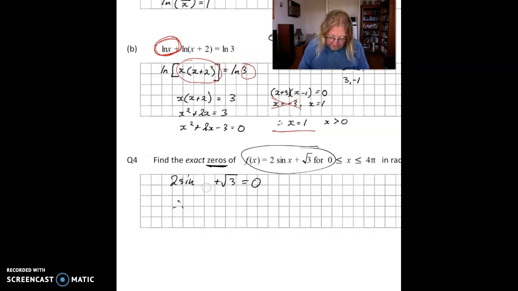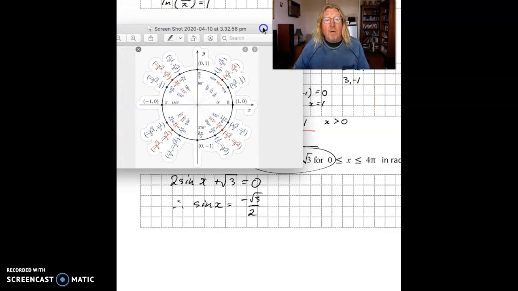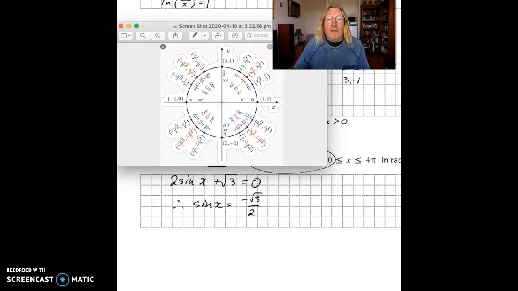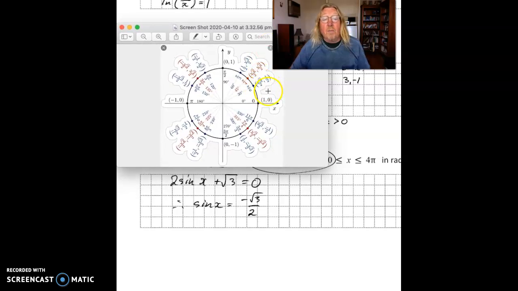It's sine x. And that'll actually make the problem easier. So we get sine x equals minus root 3 on 2. There are various ways you can find out what x is. One is just use any old calculator, but we'll bring in here the unit circle.